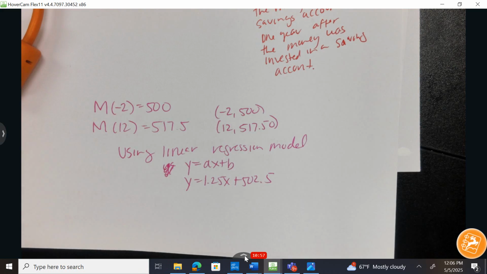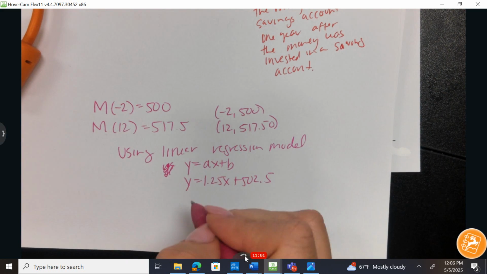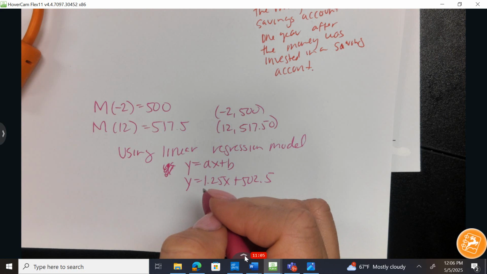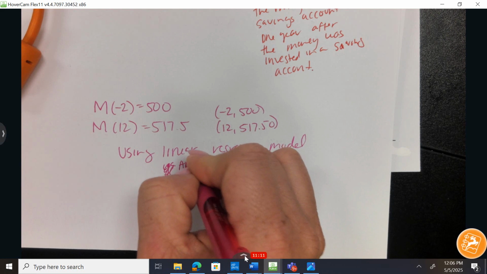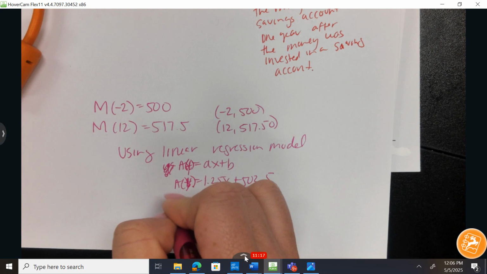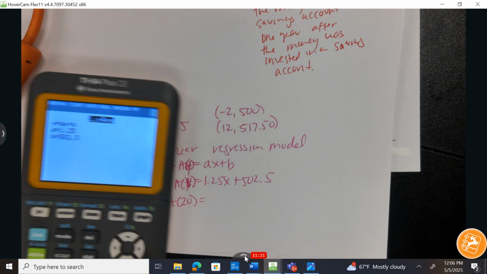And now it says, using this equation, they want us to calculate A of 20. So this is, let A of t be the estimated amount of money the student has using the average rate of change. So we're going to call this the average rate of change, specifically, so A of 20.